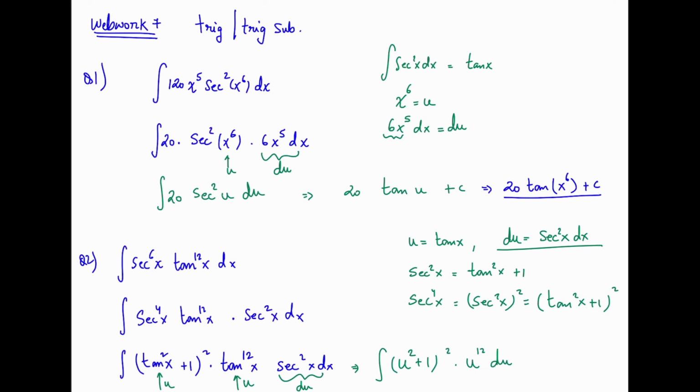All right, we're going to move on. So now here, if you expand this, well, that's u squared plus 1, so it should be u to the 4, 14 plus u to the 12 du.